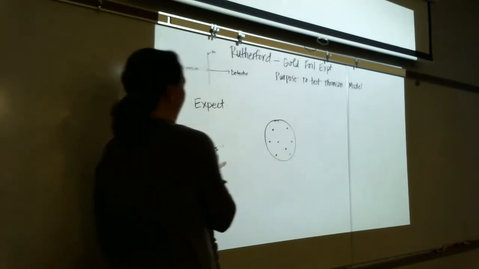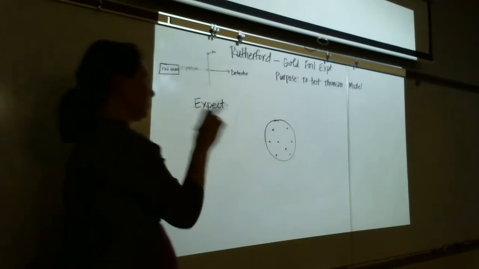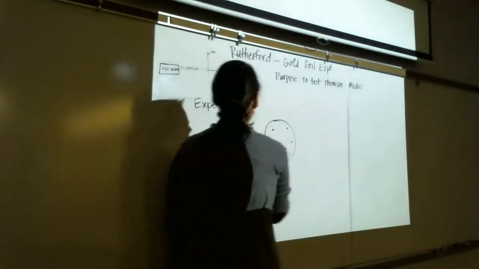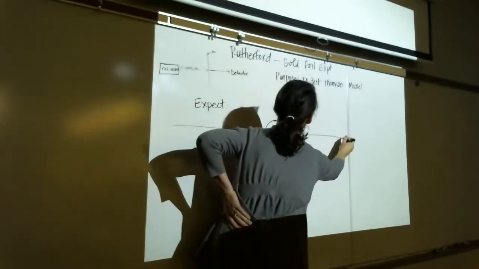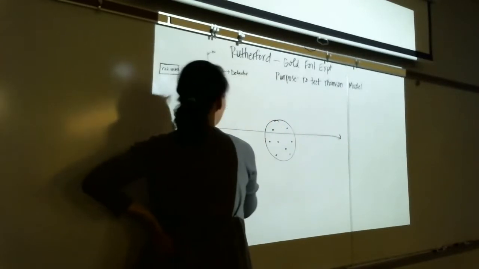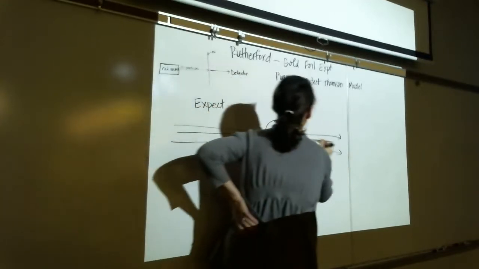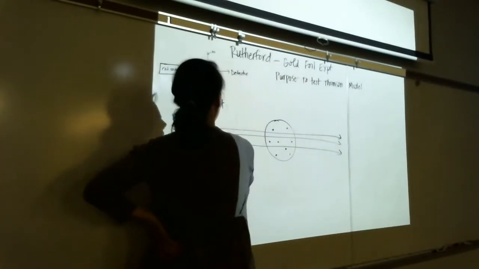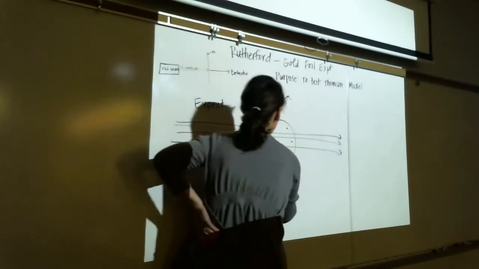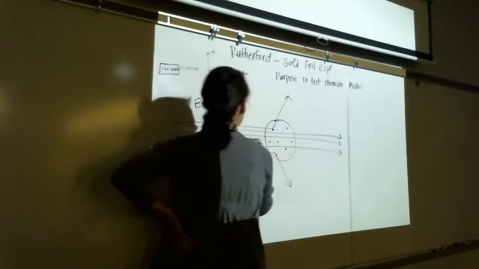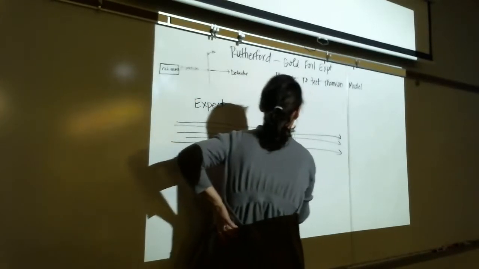right? If you have a sphere with all these little spots embedded in, you would expect these alpha particles to come flying, and some would go on through. And others would hit and deflect, right? So you would expect a whole lot of random deflection, right?